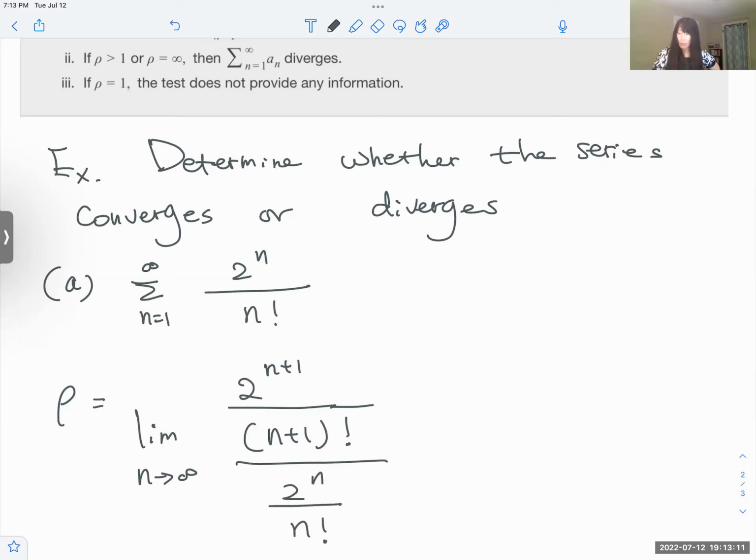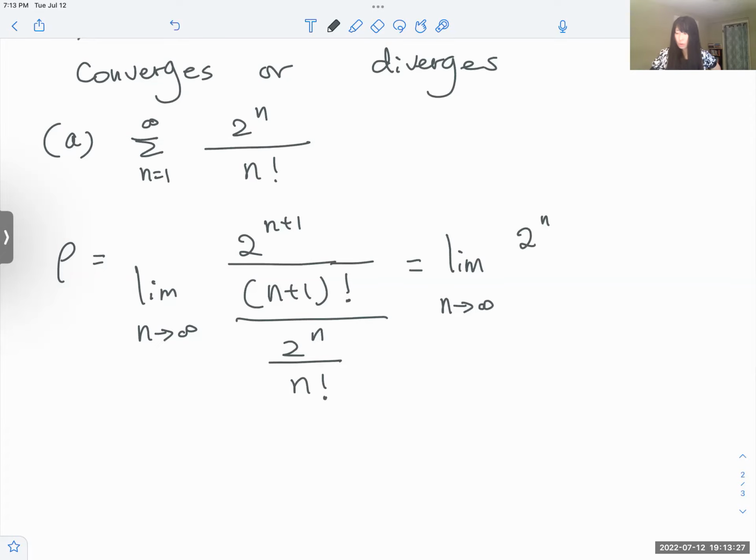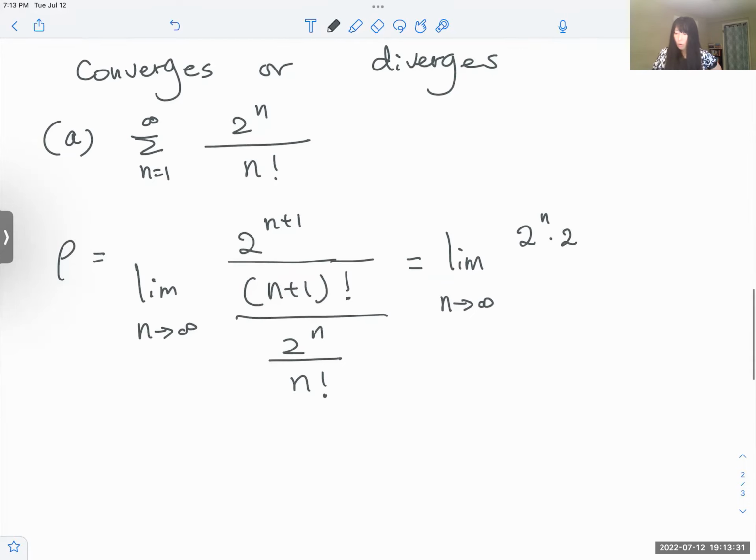Now, this means we have a limit when n approaches positive infinity. 2 to the n power, we have the same base, we add their powers. So that's the 2 over n plus 1 factorial, right?